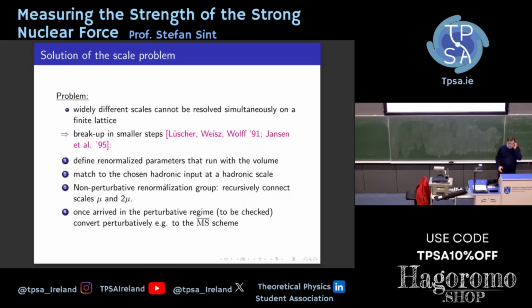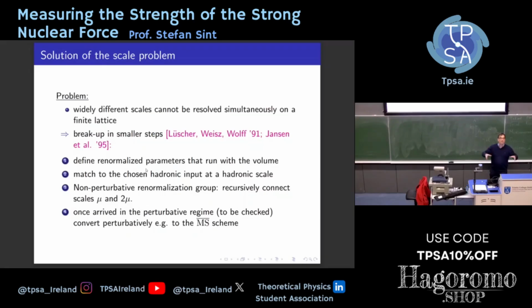So what is the intelligent approach is to break it up in smaller steps, and that has been done in the 90s. At least the principles of that have been discussed in the 90s, and since then we're realizing this type of approach. So what you do is you define the coupling and also quark masses as a renormalized coupling that runs with the volume.